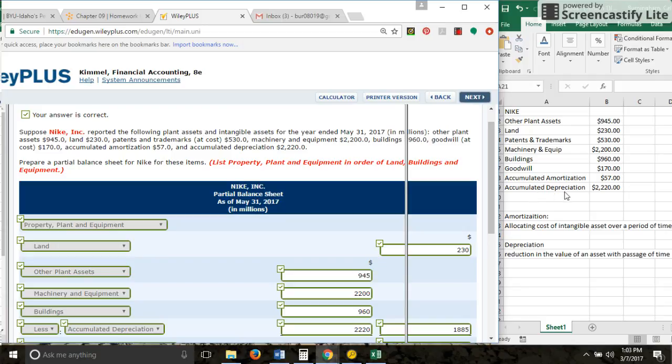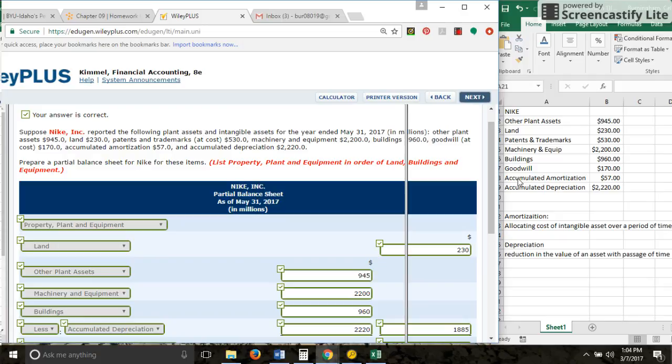So accumulated depreciation is on anything that can decrease in value. Depreciation is going to be associated with the decrease in value of the other plant assets, the machinery and equipment, and the buildings, because all of these things can decrease in value over time with wear and tear.